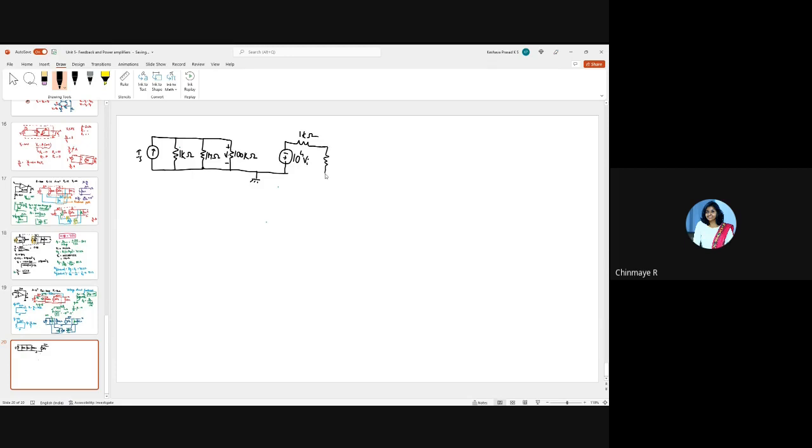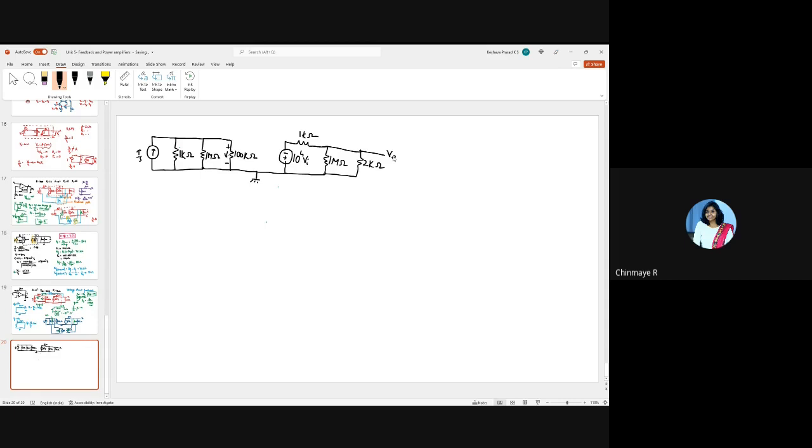And then you again have a 1 mega ohm here. And then you have a load here, 2 kilo ohms. So now this is V0, the point at which you're taking V0.